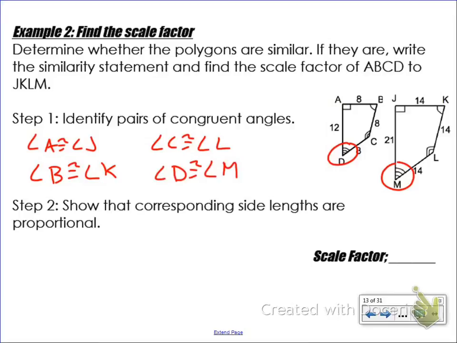Now, just having 4 pairs of congruent angles isn't going to be enough. We need to also verify that each pair of corresponding sides has the exact same ratio. So we can start with AB to JK. So AB to JK is going to be 8 over 14, which is going to reduce to 4 over 7.